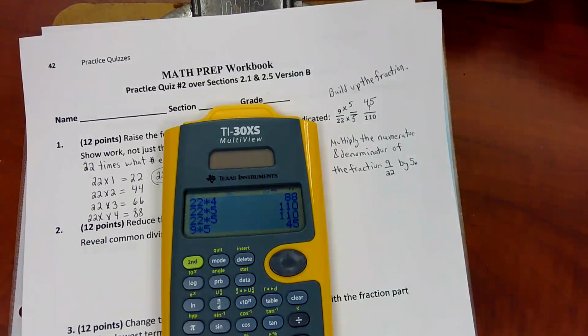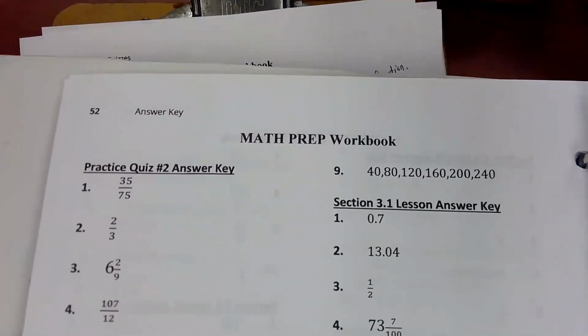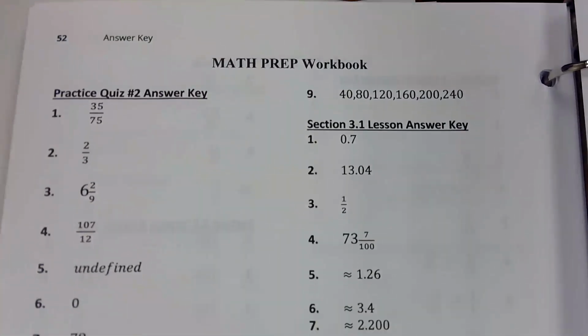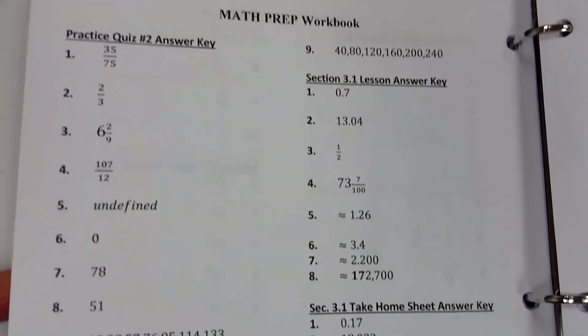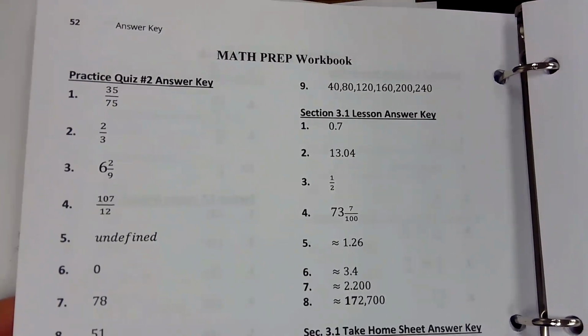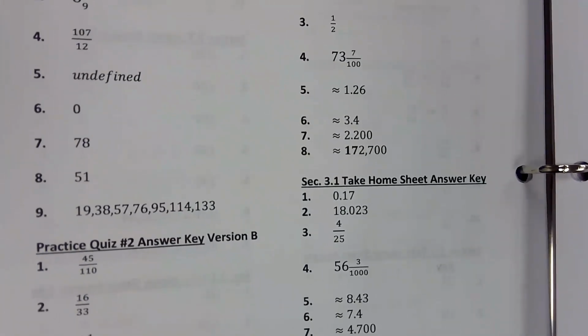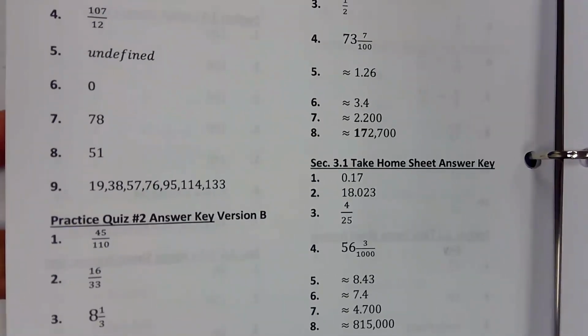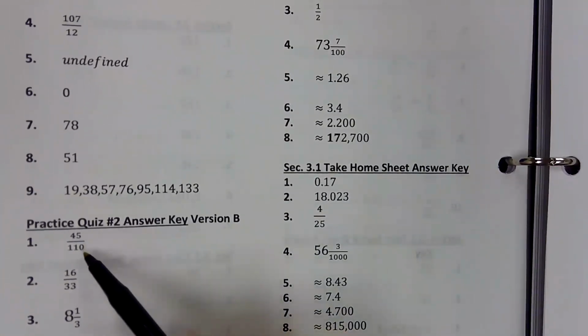It looks like on page 52, we have some answers, and we're doing practice quiz version B. Version A doesn't have version A attached to it; it just says practice quiz number 2, answer key. But the second one, version B, has version B attached to it. You can see there on number 1, it says 45 over 110.